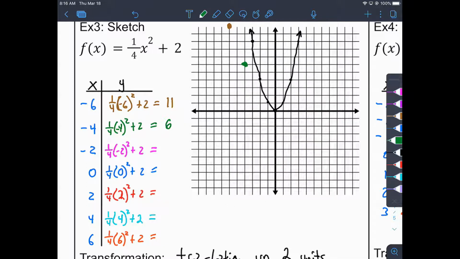When I switch over to my pen, I always lose where I was at. Okay, again, -2 squared is a positive 4. And when I divide it by 4, well, that's just 1, because 4 divided by 4 is 1. And then when I add 2 to that, 1 plus 2 is 3. So this time I'm going to go backwards 1, 2, but I'm going to go up 1, 2, 3.